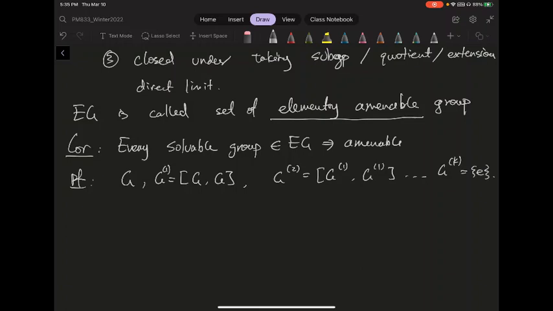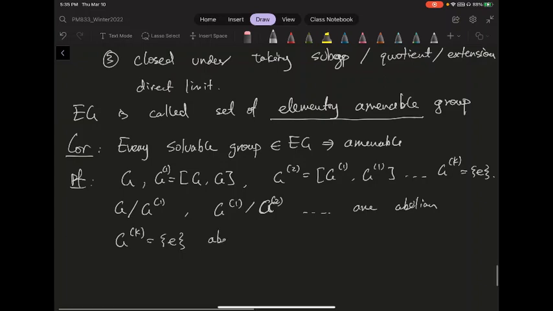One nice thing about the commutator is that G quotient G1, and G1 quotient G2, all of these quotients are abelian. And your last one, Gk, is the identity, so you kind of go backwards: the last one is finite, or abelian.